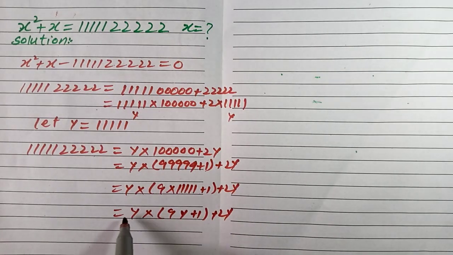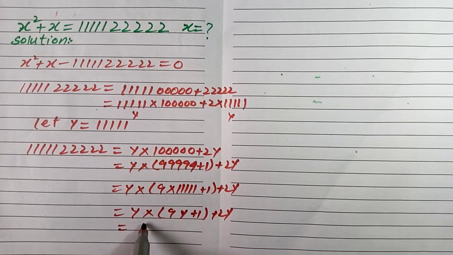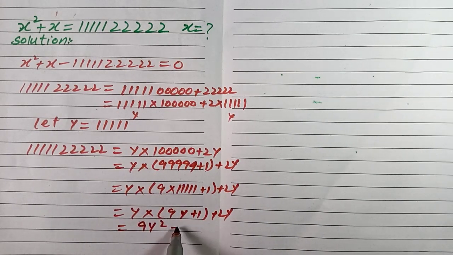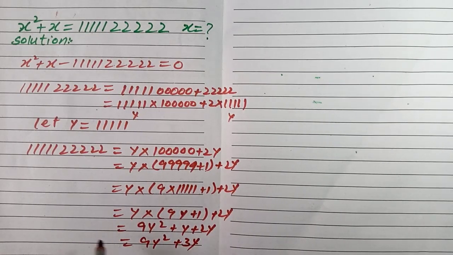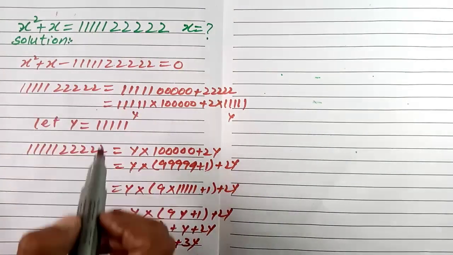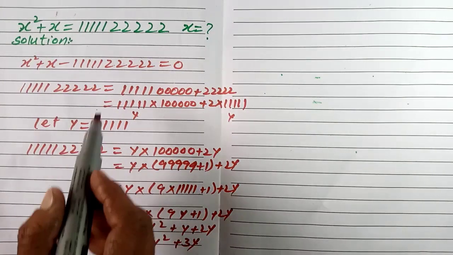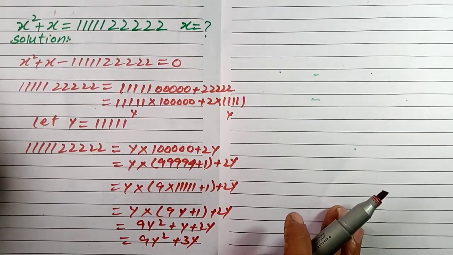So here if we multiply this y to this term, we can get 9y square plus y plus 2y. So here we can get 9y square plus 3y, which is equivalent to this term. So we can put the value of this term in this equation.